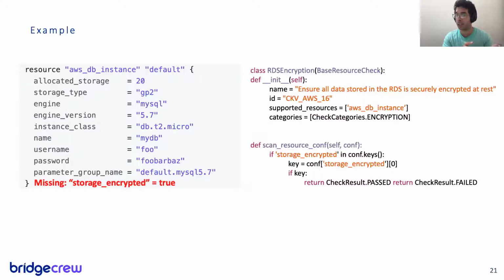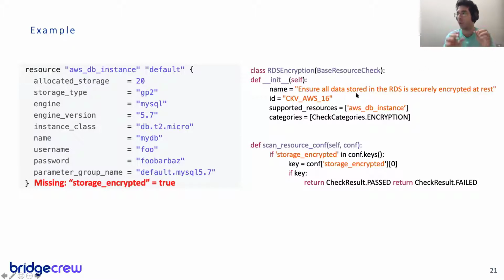And how does a policy in Checkov look like? When creating a policy, you need to create a class that inherits from BaseResourceCheck. The BaseResourceCheck will handle all of the formats, conversions, for example, the JSON and JUnit output formats, the CI integrations, etc. So you don't need to worry about all of this boilerplate.